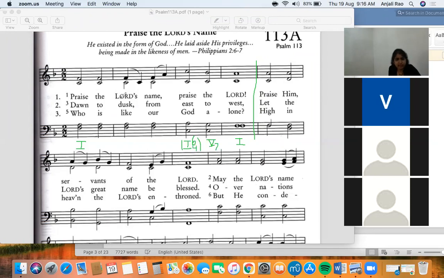So do we have any predominant chord in this phrase? Okay, if we don't count this as predominant, we have 1, 1, 1, 1, 1, 1, and then 164, 5, 7, 1.